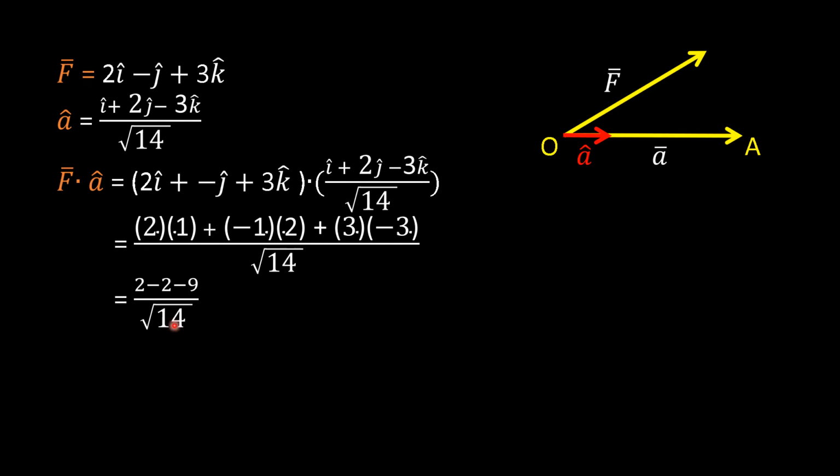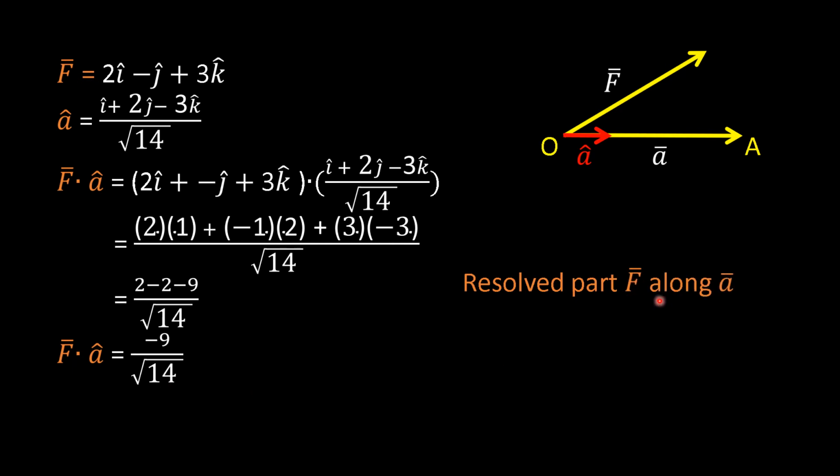It will be 2 minus 2 minus 9, which will be minus 9 upon root 14. So we get F bar dot A cap as minus 9 upon root 14.